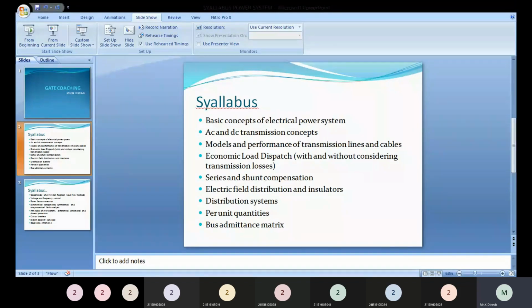First one is fundamentals of power system. I will explain the questions with the answers in fundamentals of power system.